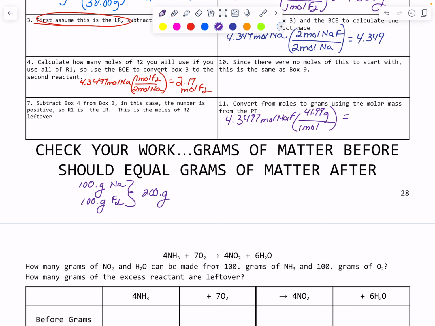At the end, I had 17.4 grams of fluorine left over, and I had 182.6 grams of sodium fluoride that I made. So afterwards, I have exactly the same. I have 200 grams of material at the end. And so that proves that I've done it correctly, because the law of conservation of matter still holds up.